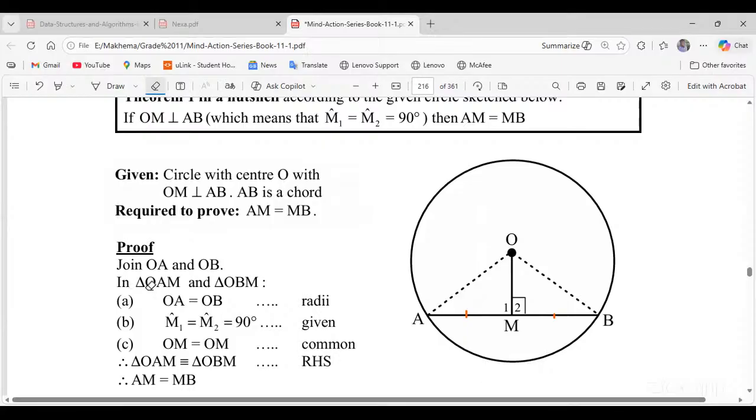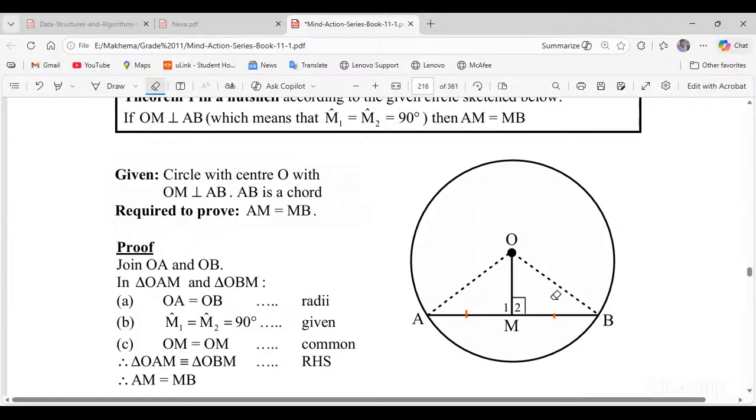Now you will have the two triangles OMA and OMB. You are going to prove the congruency between the two triangles. What do we mean by triangles being congruent? We mean those triangles are exactly the same in size, and the corresponding angles are the same.